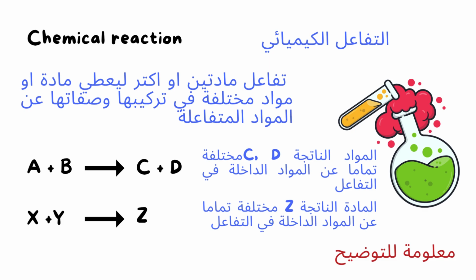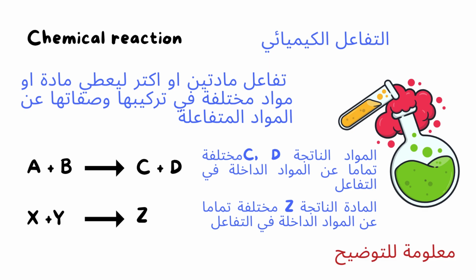As you see here, if material A reacts with material B, it gives us two materials, C and D, and both are different from A and B. Or if two materials, X and Y, react with each other and give a product Z, Z is a different material from X and Y.